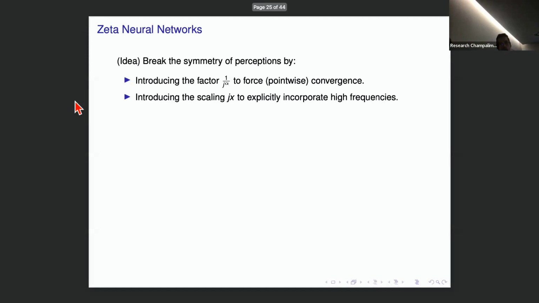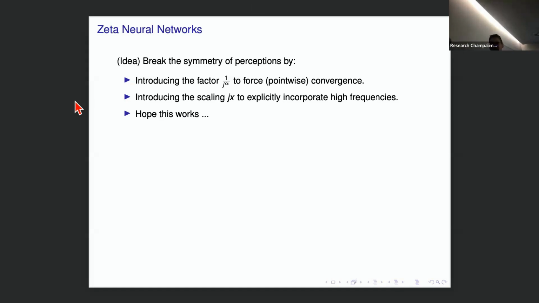The second thing is to explicitly incorporate high frequencies by rescaling the perceptrons from X to JX. So that scales the input up so that we can more easily see high frequencies and model them. And the third is, hope this works.